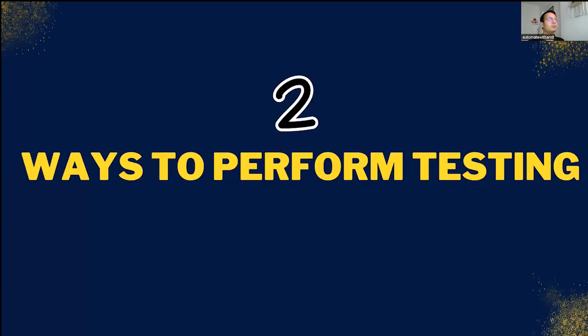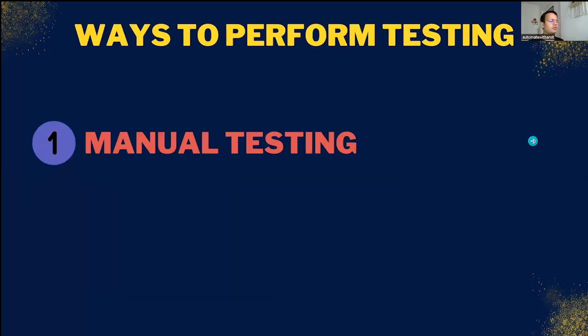Now going to part 2 of this discussion, which is ways to perform testing. There are two different ways. First is manual testing. Whatever we were discussing, if we are doing those things manually, like if I have to perform load testing, then I have some tools on which I increase the load or the number of users, and then I am doing testing.